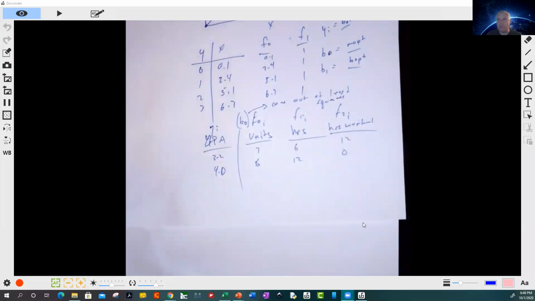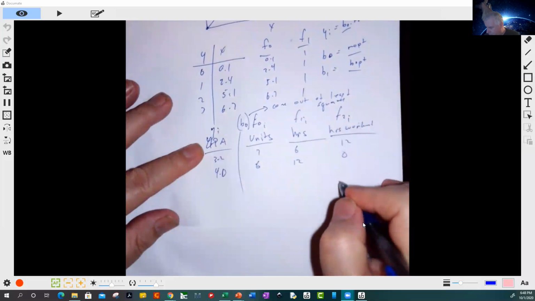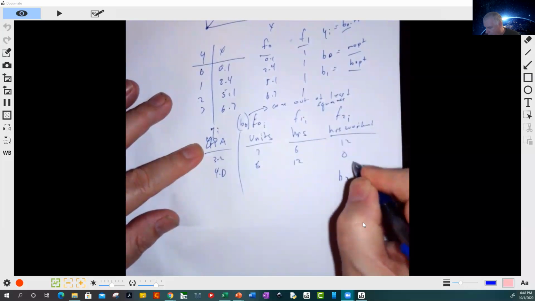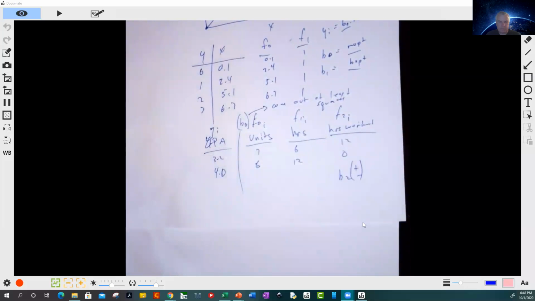Then will the coefficient B2 be positive or negative? Okay, Ivy. Okay, it looks like Richard said negative positive. I'm not sure what that means.